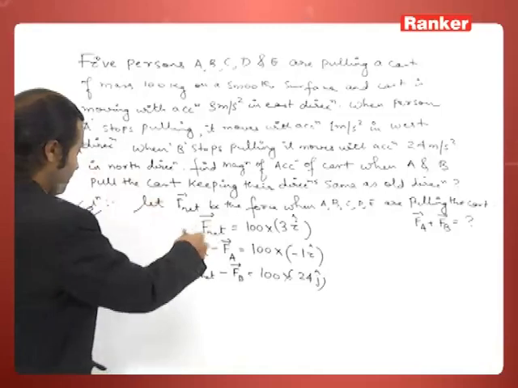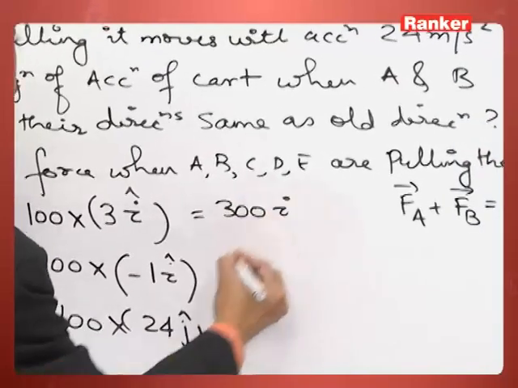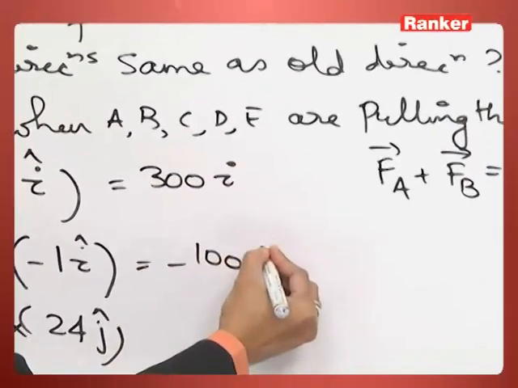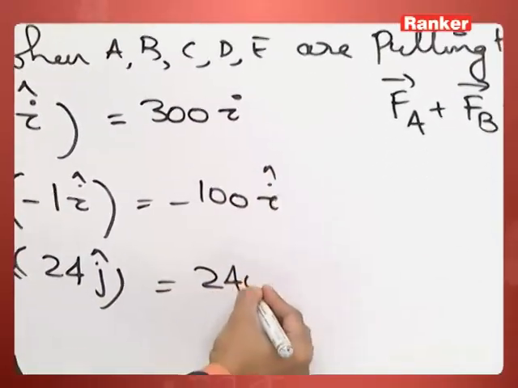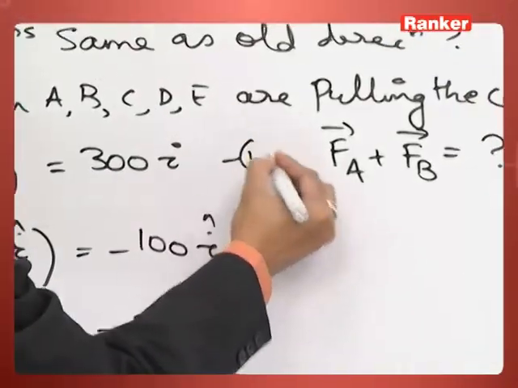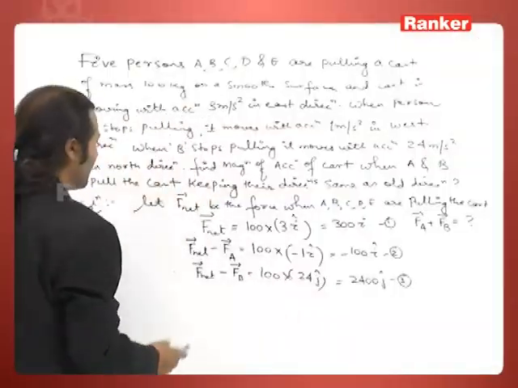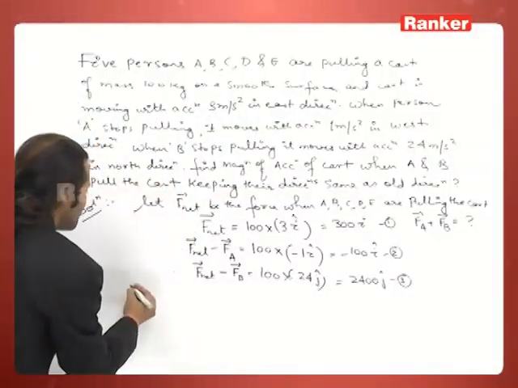Now I can substitute here. F net is 300 i cap, this is 300 i cap, this is minus 100 i cap, this is 2400 j cap. So this is equation 1, equation 2, equation 3. So I will substitute in equation 2.